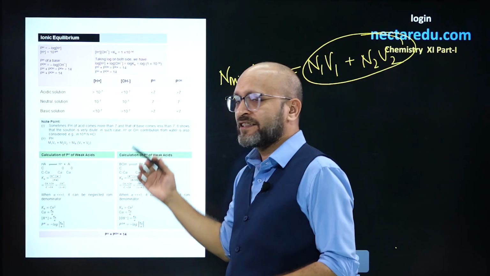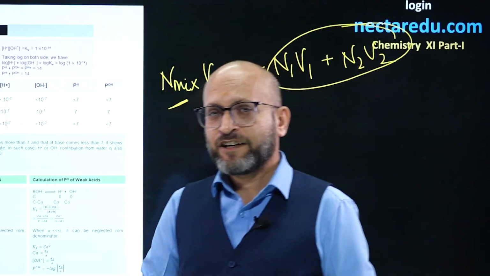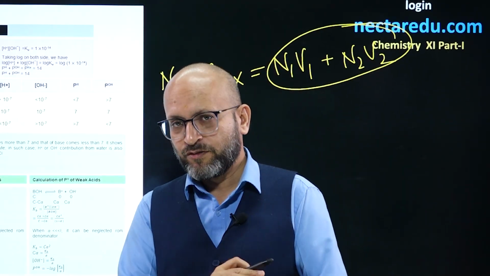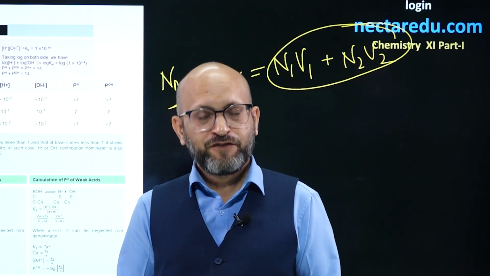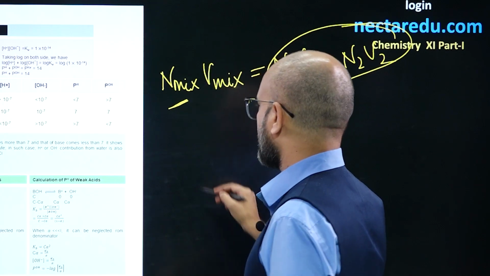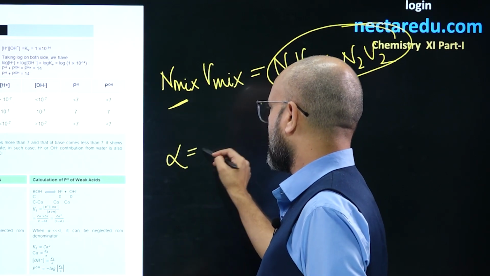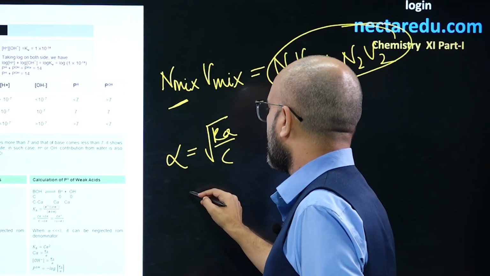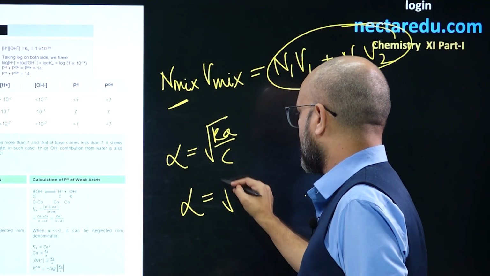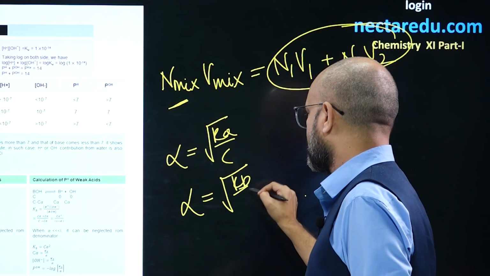Alright, and we have discussed that Ostwald dilution law can be used for calculation of pH of weak acids and weak bases. Degree of dissociation for that comes out to be alpha equals root of Ka by C, and alpha for a basic solution, weak base, will be alpha equals root of Kb by C.